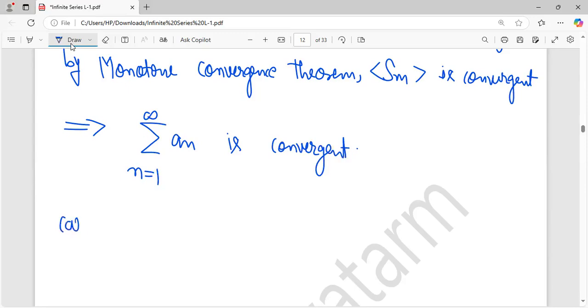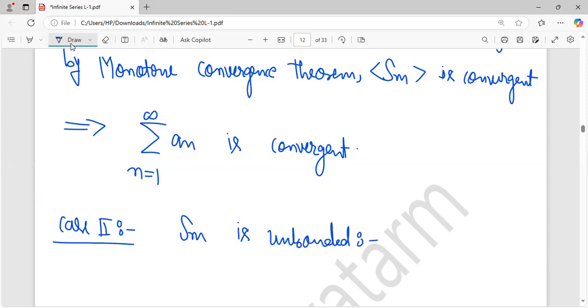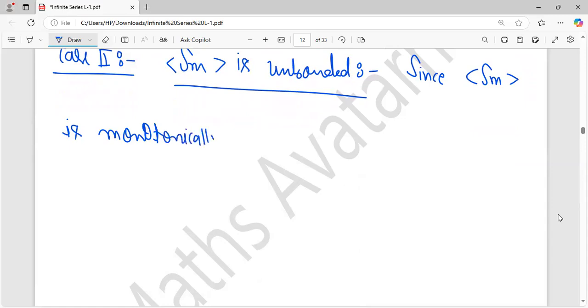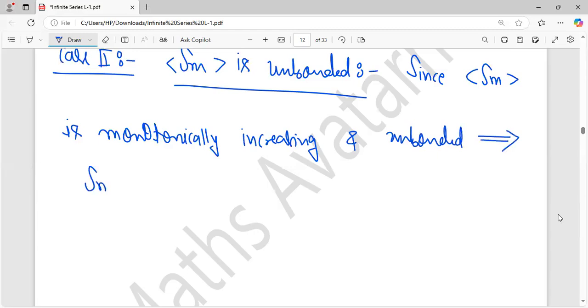Case 2, Sm is unbounded. Okay. Since Sm is monotonically increasing and unbounded, a monotonically increasing and unbounded sequence implies Sm diverges to plus infinity.